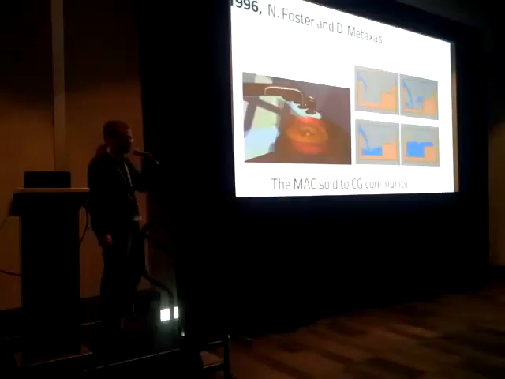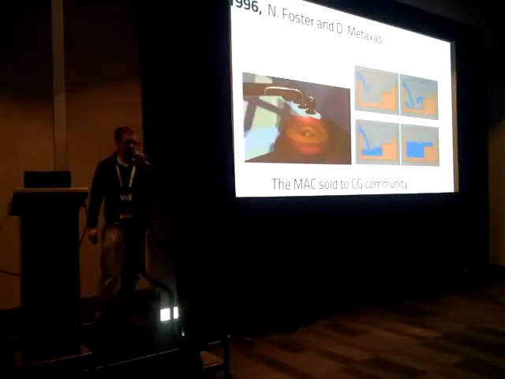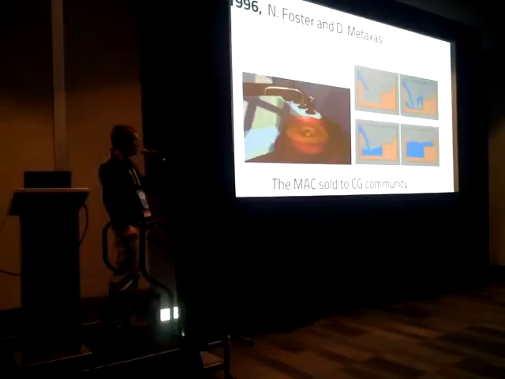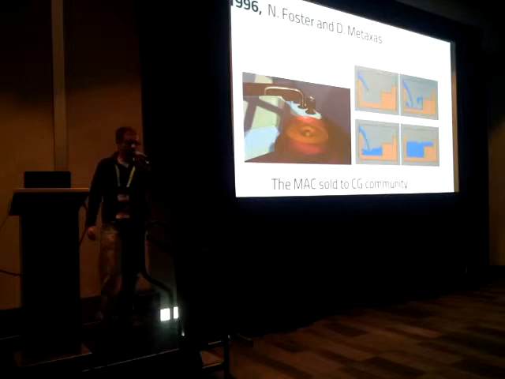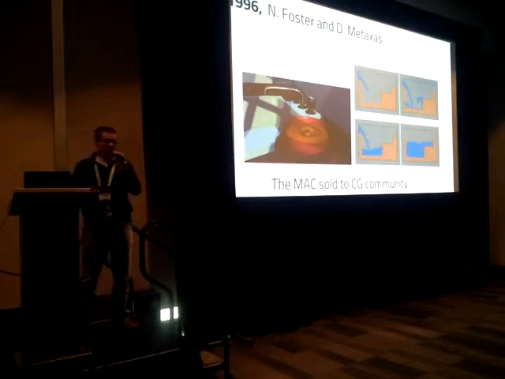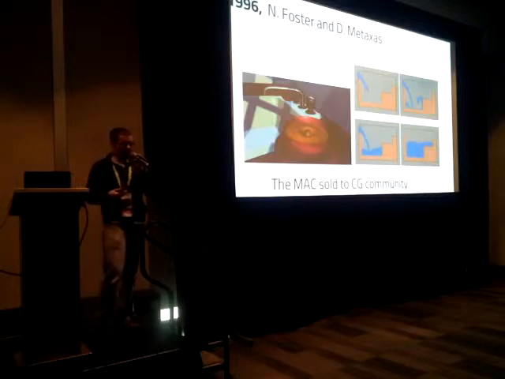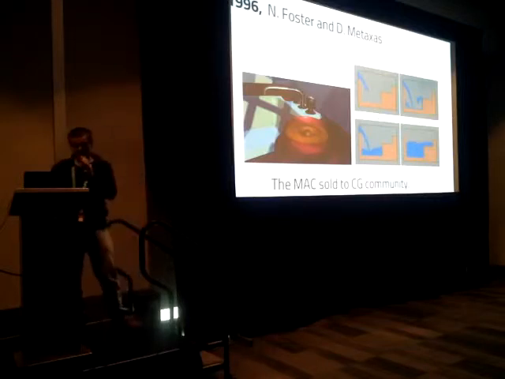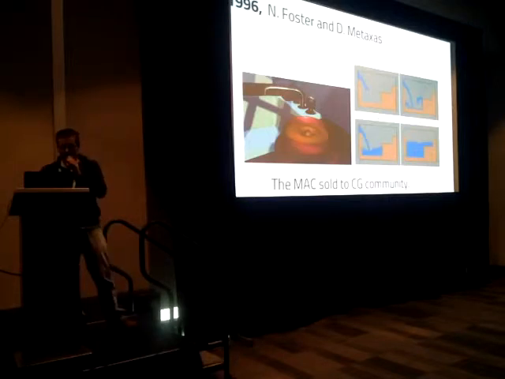And so what they basically did was they sold the marker and cell method to the computer graphics community. It was a very, very good step, and it is wonderful because it made a lot of interest in fluid dynamics from this time. So it is a very important paper worth remembering and worth seeing. It's available on the net, you may see.